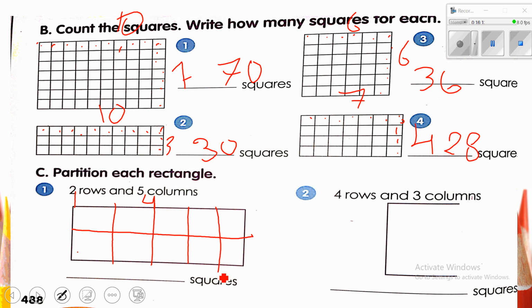How many squares do I have? It's 2 times 5. Double of 5. Perfect. 10.